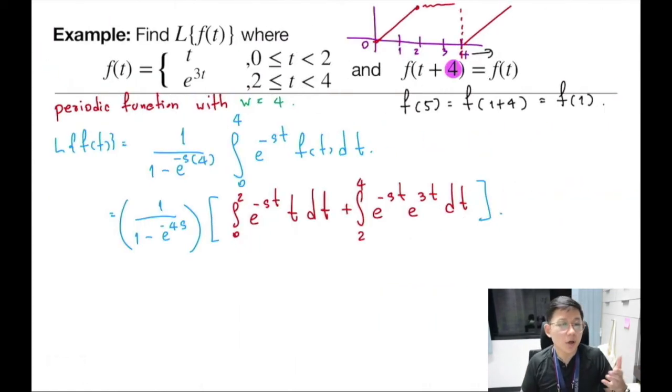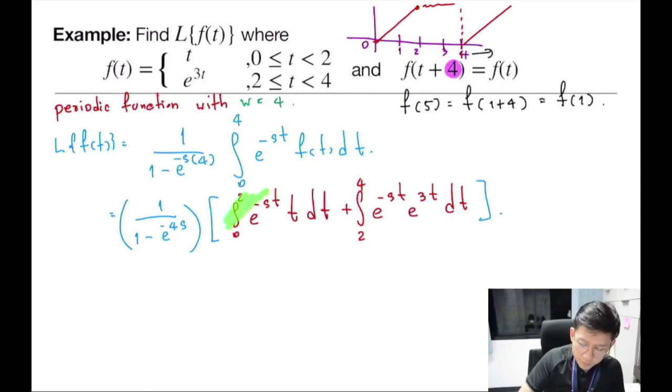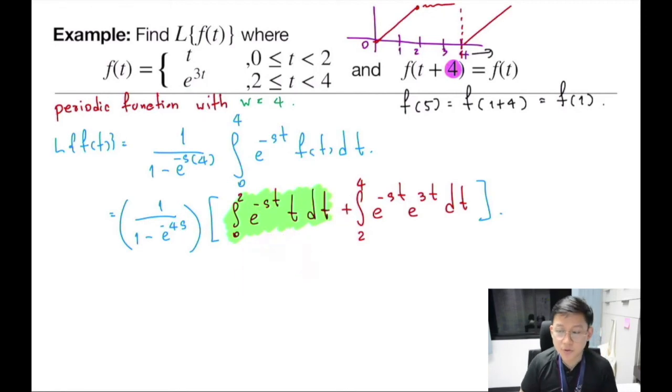I think you guys can integrate these two functions. For the first one, you can use integration by parts. You look at s as a constant, so it's basically e to the minus something t.